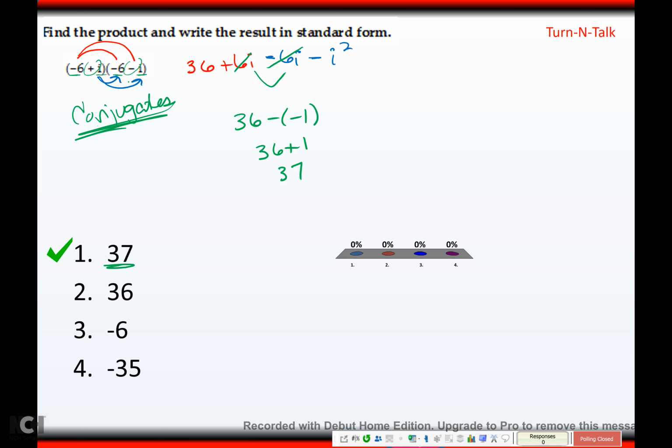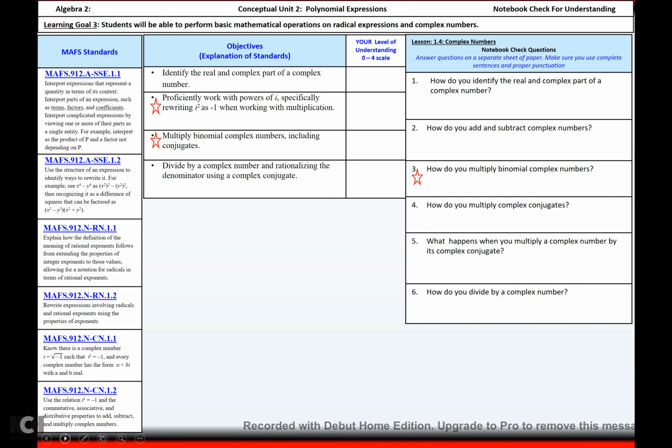And when you multiply a complex number by its conjugate, you eliminate the i's, which we need to do in certain circumstances. All right, so how do you multiply binomial complex numbers? You distribute. You sub -1 for i squareds, and then you combine like terms.